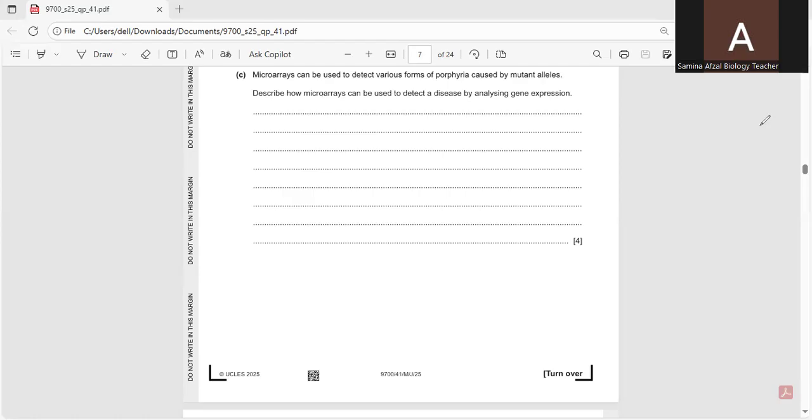So again, I'm going over these points: how microarrays can be used to detect a disease by analyzing gene expression.